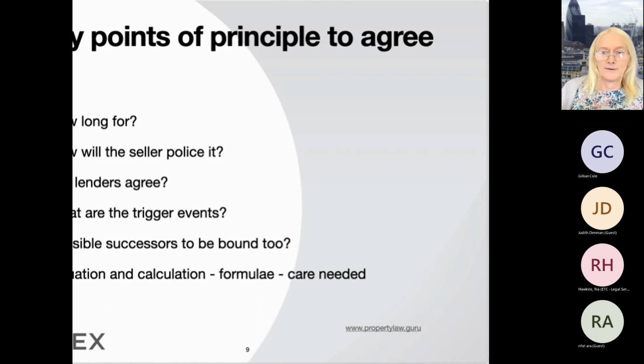So there isn't a standard provision. Do have a look at Practical Law, look at Nishat's books to see how you can work your way around those. And then, as I mentioned on page 35, think about the issue of the certificate to release the restriction that is going to be acceptable to both the buyer and the seller.